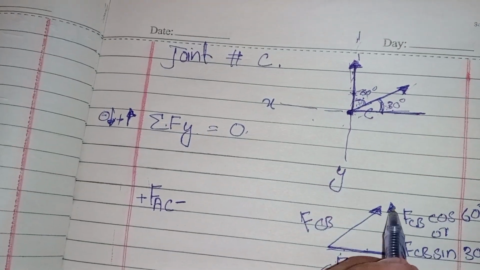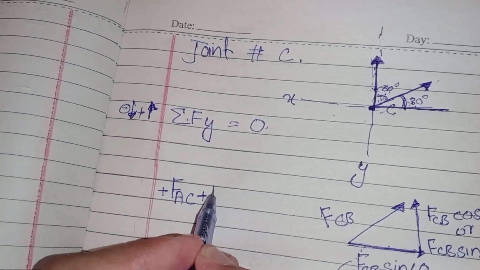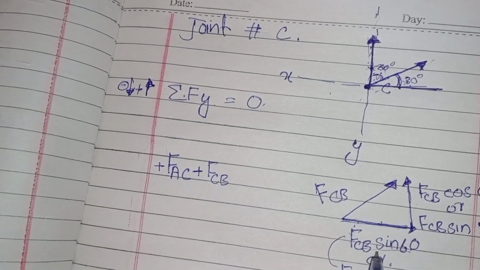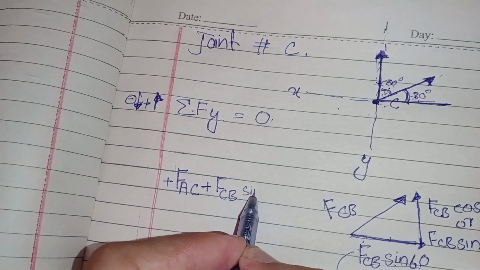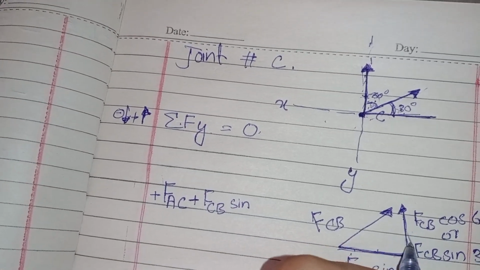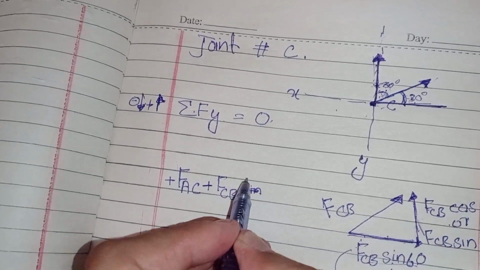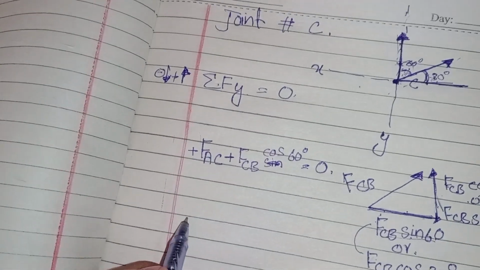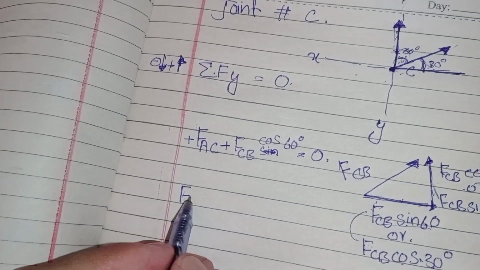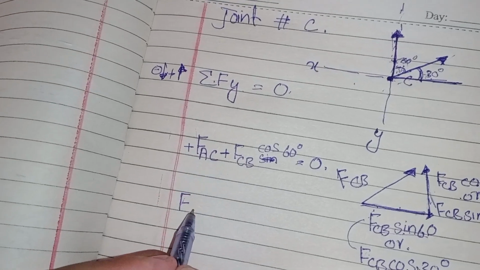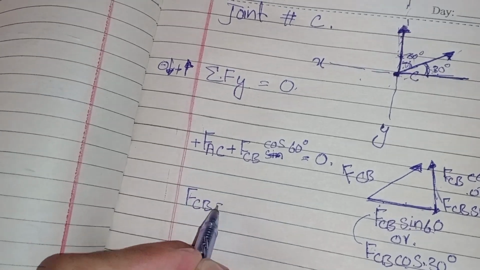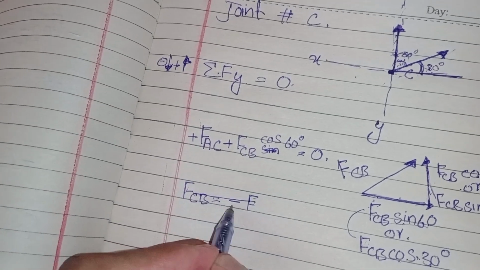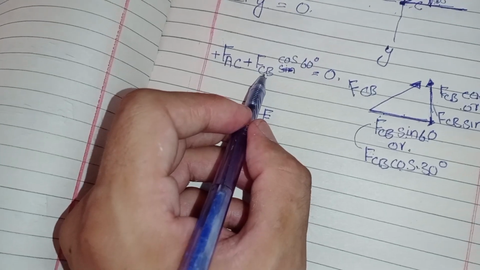FCB, this is the vertical component, cos 60 degree, equals 0.